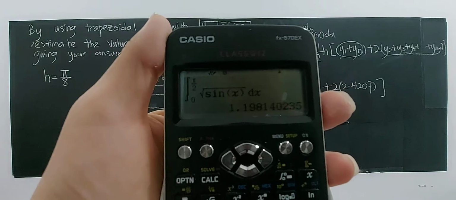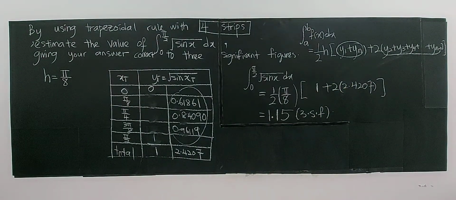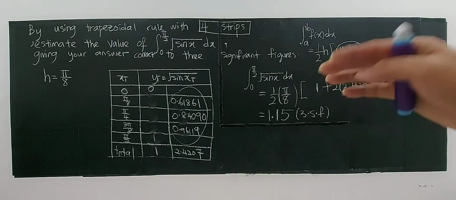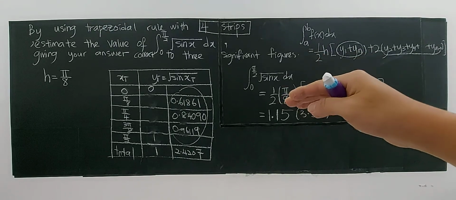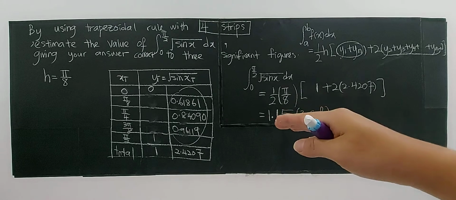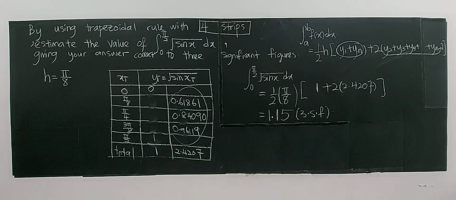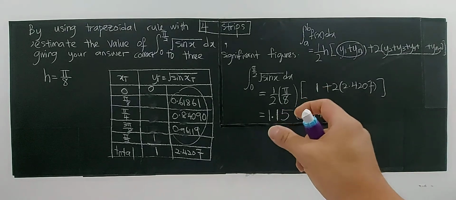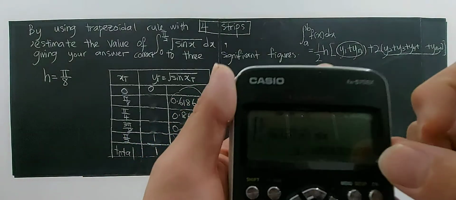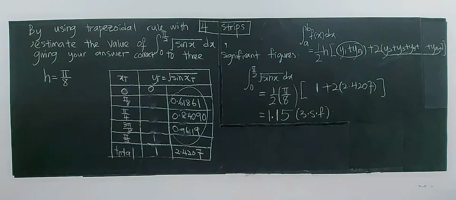Let's look at the exact value. Here is 1.2 and this is 1.15, right? This means it is an underestimate, less than the actual value. Doesn't matter because we know this is an approximation, right? So how do we increase the accuracy such that 1.15 approaches 1.19? Very simple.